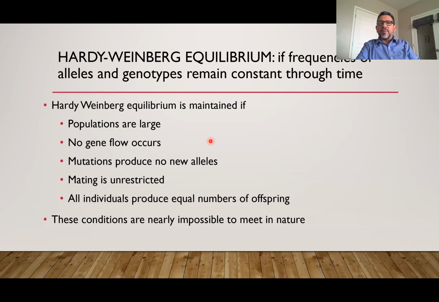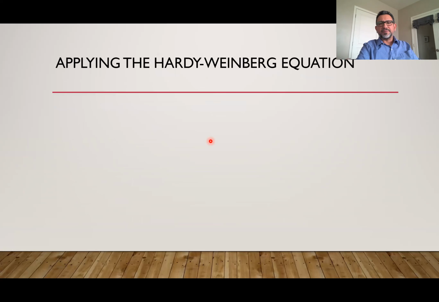Well, I'll tell you, the concept of Hardy-Weinberg equilibrium is used by evolutionary biologists as a null hypothesis to say, okay, so what would it take for the gene pool of a population not to change from one generation to the next, no change. In statistics, the hypotheses of no change, no difference are always null hypotheses. And so that's what the Hardy-Weinberg equilibrium is going to do here.